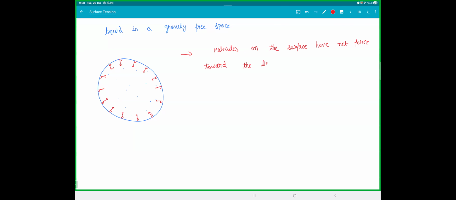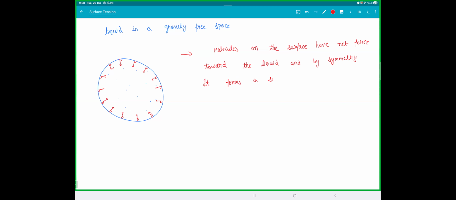So there, you can explain this in terms of forces, and by symmetry it forms a sphere. That means if you have more surface area, you have more molecules which are not stable, which are on the surface. That means you have more energy. It forms a sphere.